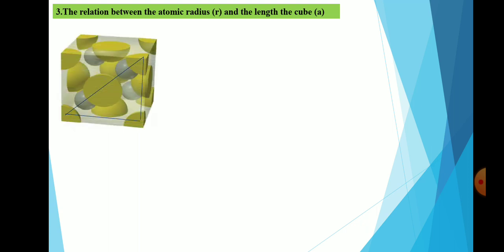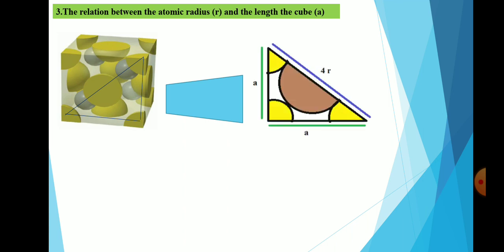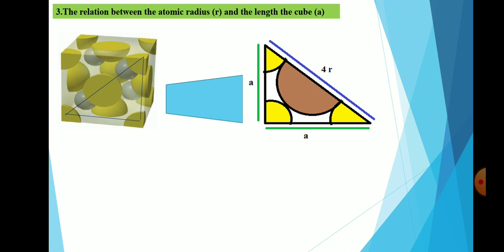So it is again the same picture, and we have to just take the half portion or in a triangle mode from this picture, just like this, on the face only. You just remember, we have to just draw a triangle on the face of FCC unit cell, and it is just put forward for more understanding.